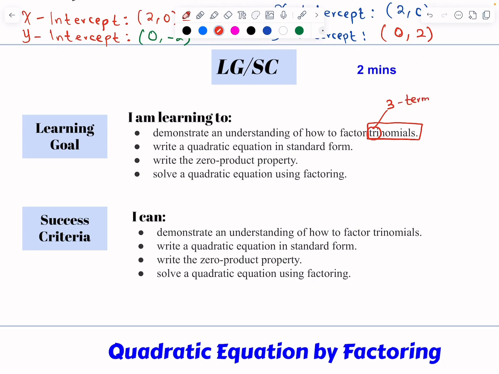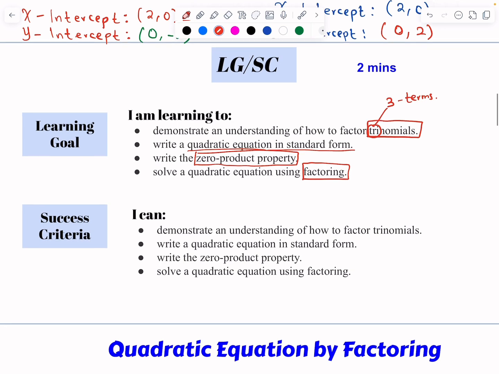So we're going to see how to factor trinomials, and then how to write a quadratic equation in standard form. Then we're going to learn how to use something called the zero product property.